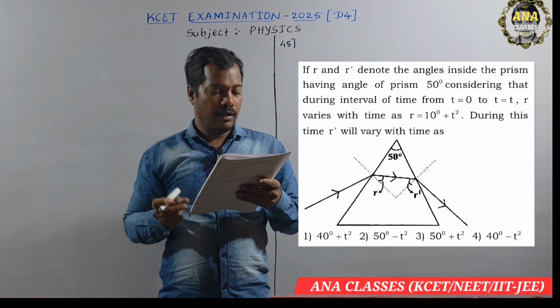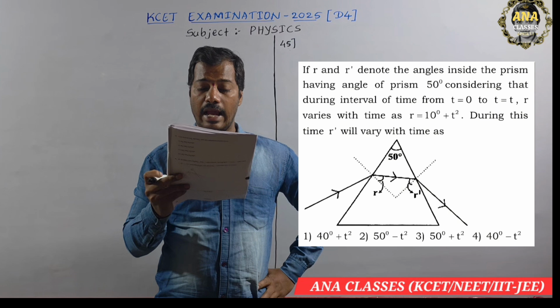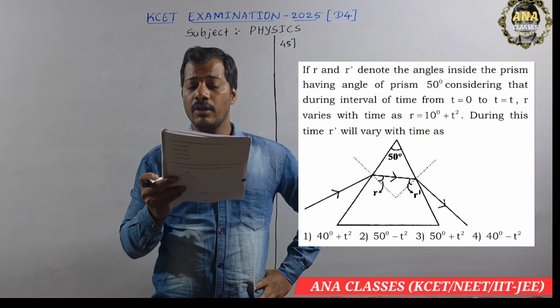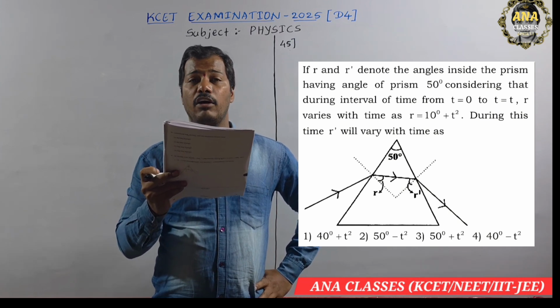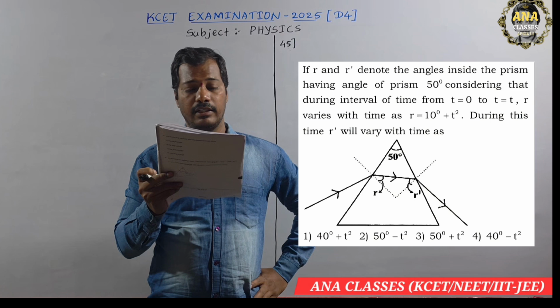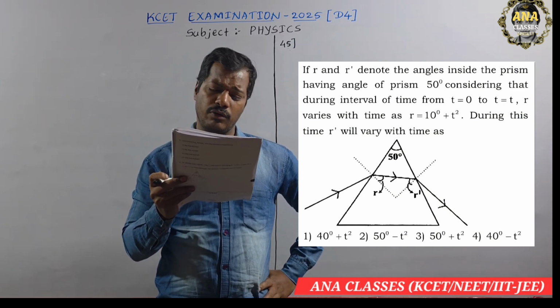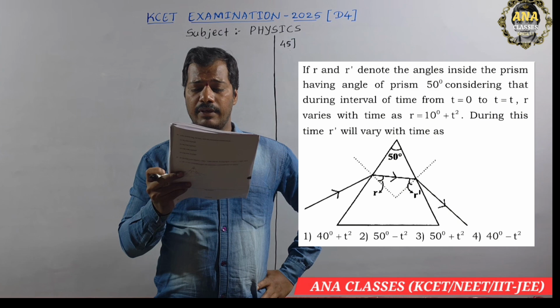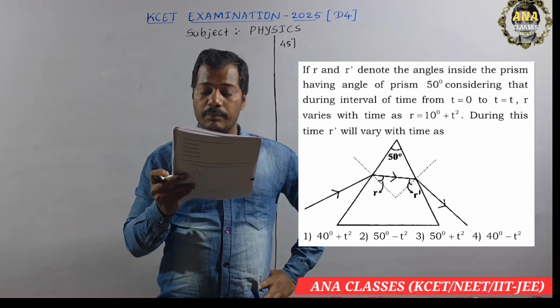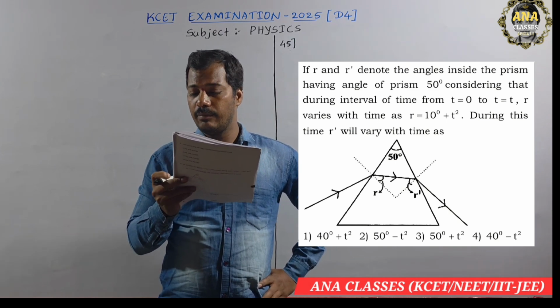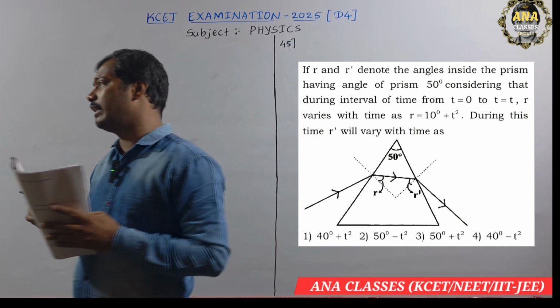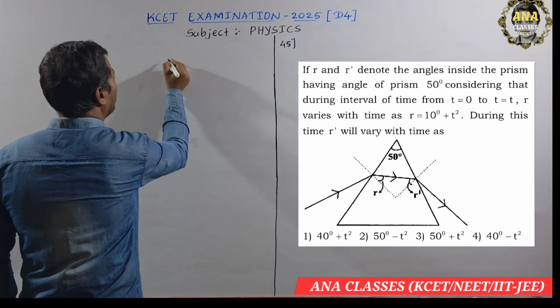Question number 45. If r and r dash denote the angles inside the prism having angle of prism 50 degree, considering the time interval t equal to 0 to t, r varies with r equal to 10 degree plus t square. During the time interval, what will r dash be? Very simple.